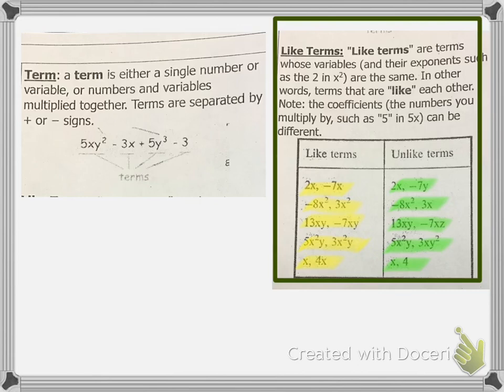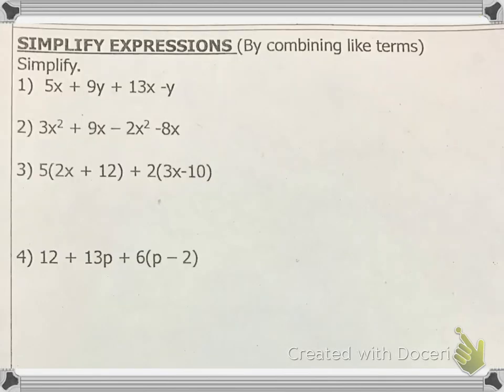So now that we know what like terms are, we can combine like terms, which means group them together to make equivalent expressions. So our instructions here say simplify, which means if we can combine like terms, we want to do that. So right away I'm looking at this 5x and the 13x. So I have 5x's, I'm going to add 13x's to it.